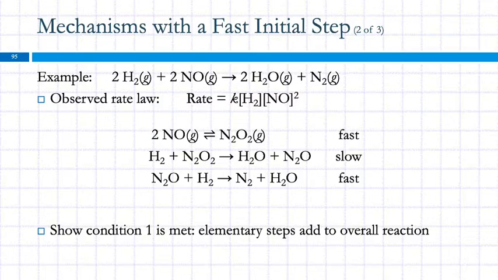So this guy up here is 2H2, so this would be H2 squared, and this would be NO squared, if that example 1 up there was an elementary step, if that represented the actual collisions that happen. But it's not. We do an experiment, we test it, and we find out that it's second order for NO and first order for H2.